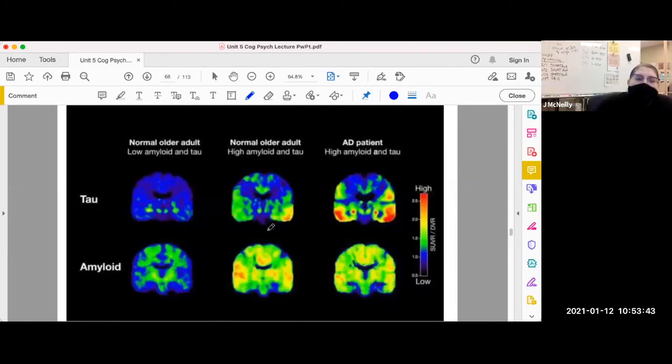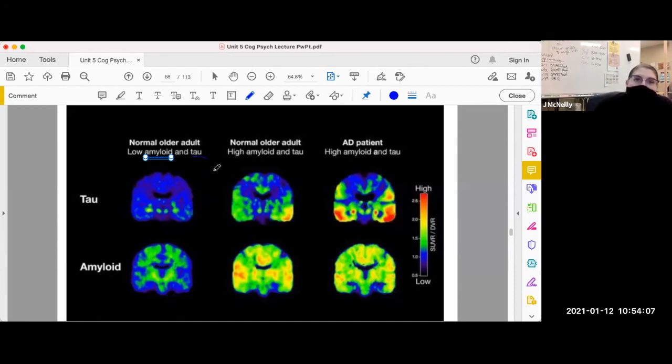All right, so with those proteins, there's low amyloid and low tau protein. So with this, you have the normal adult or neurotypical adult on the far left, where you have a little bit of tau and amyloid. There's even some examples of neurotypical older adults, and you see that the presence of those proteins increases.